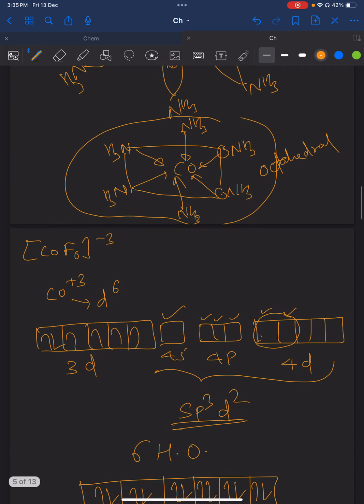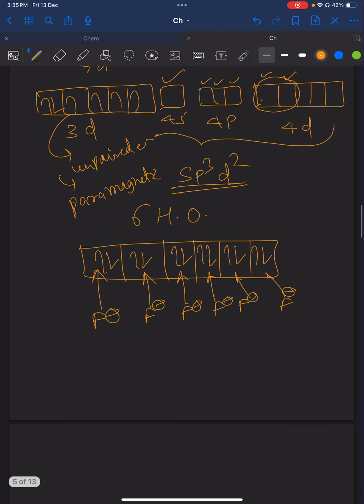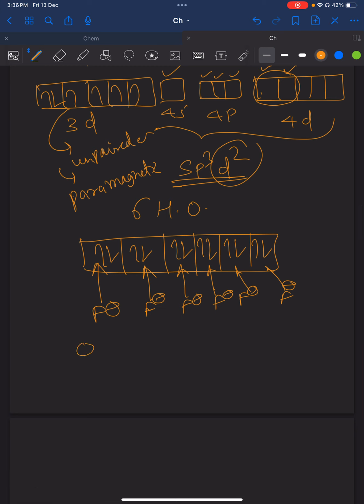So here you can see there are unpaired electrons. Because unpaired electrons are present, we can say this complex is paramagnetic. Also because outer d is used, we say it is an outer orbital complex, or we also say it is a high spin or spin-free complex.